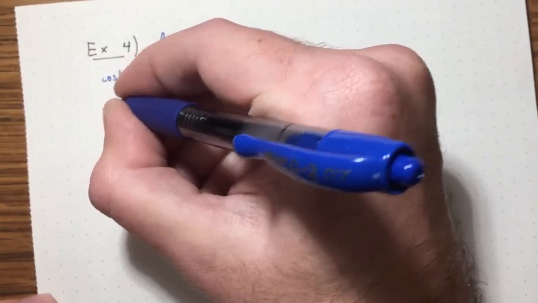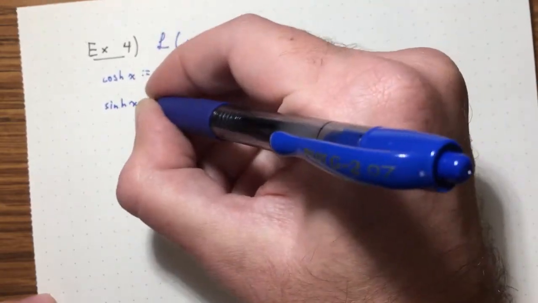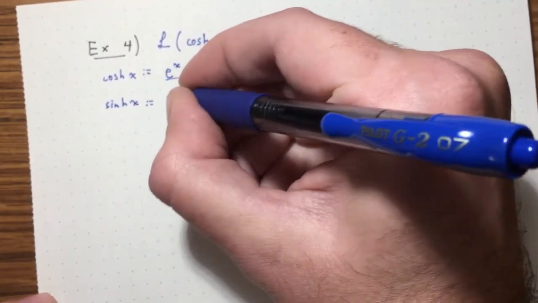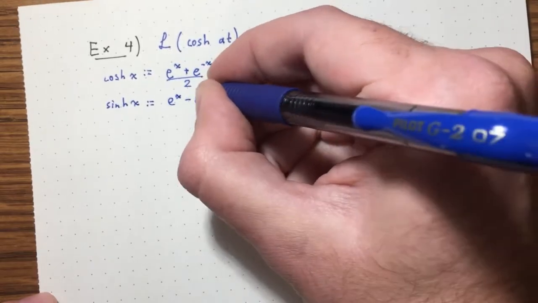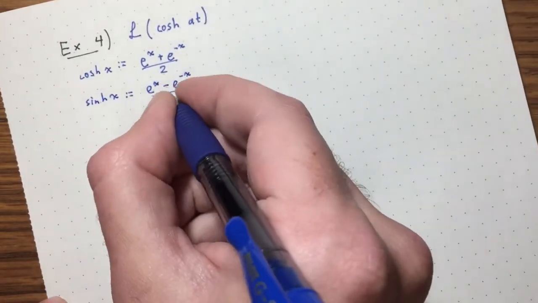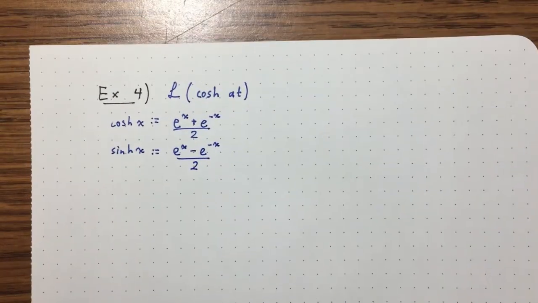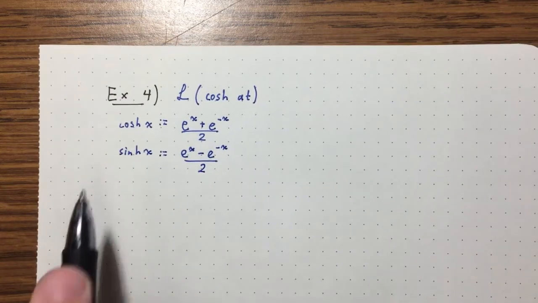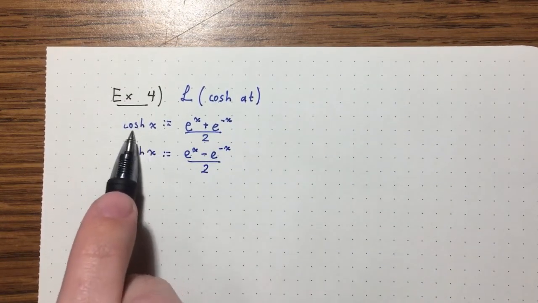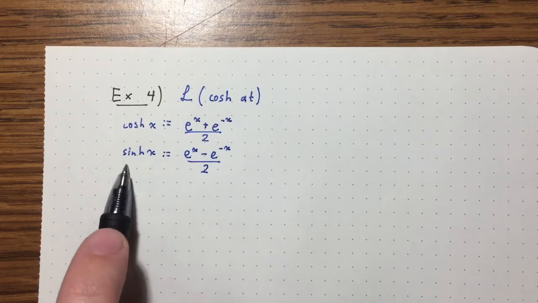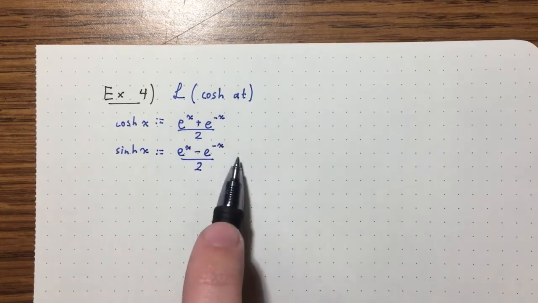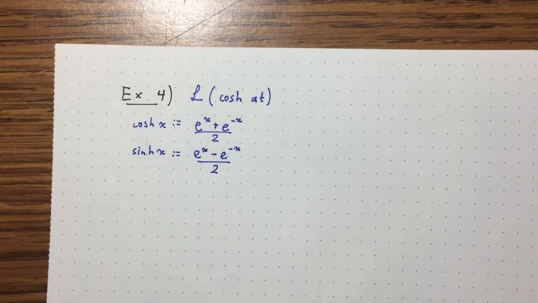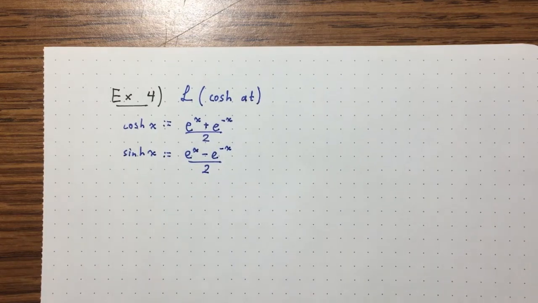And we can also do sinh, sinh of x, is e to the x minus e to the negative x over 2. And we give them these names, cosh and sinh, because these actually turn out to satisfy many properties that are analogous to sine and cosine.